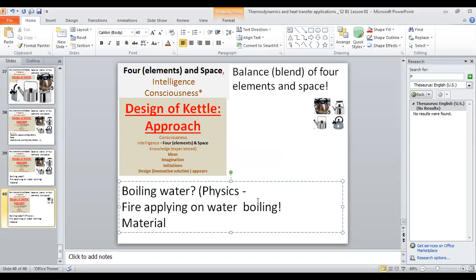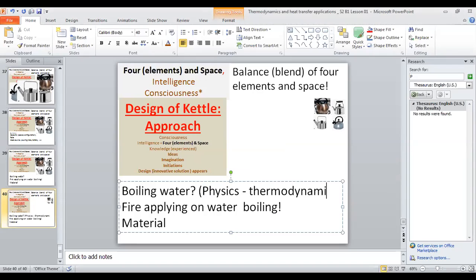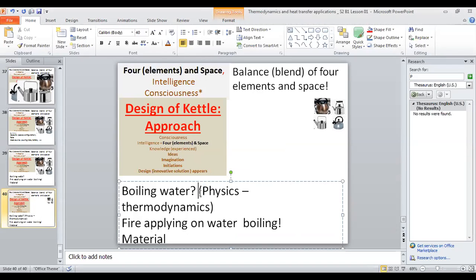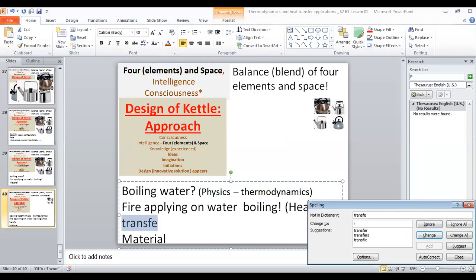Physics behind boiling water. We call it thermodynamics. Fire applying, and material together, here we call it heat transfer.